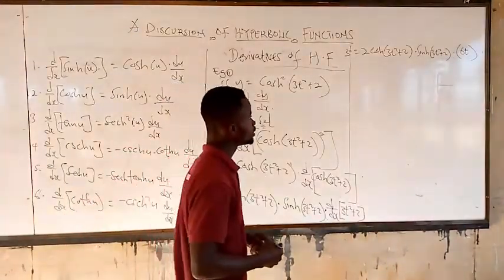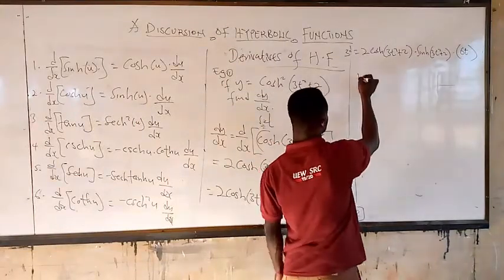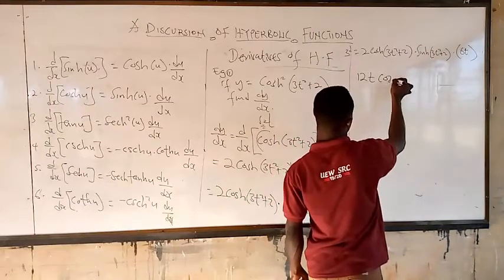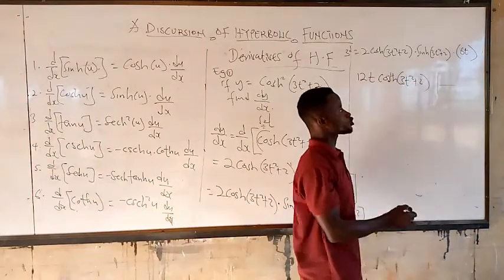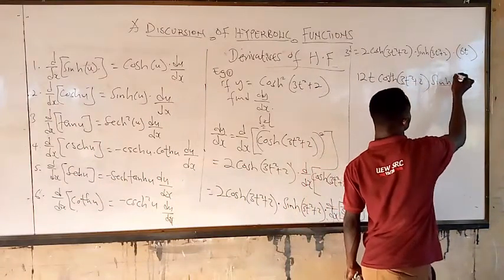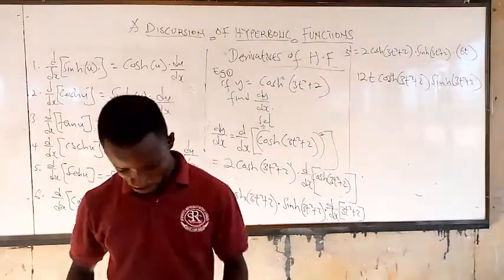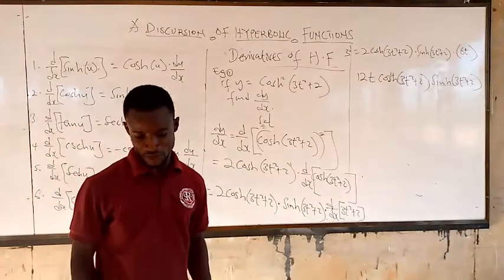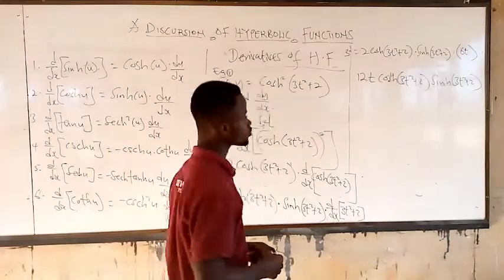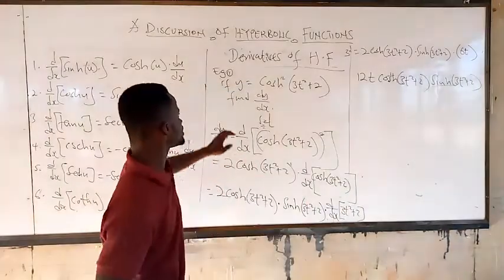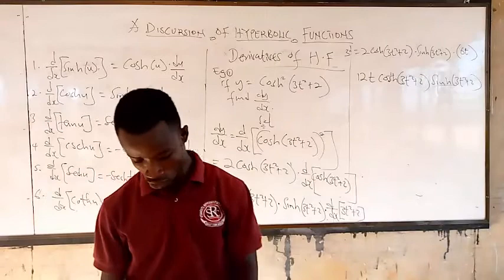And finally, the 6t will multiply this and you get 12t cos(3t squared plus 2). Good. Beautiful. So that is going to be the final result for that. So that is what the derivative of this is going to give us under the hyperbolic function.